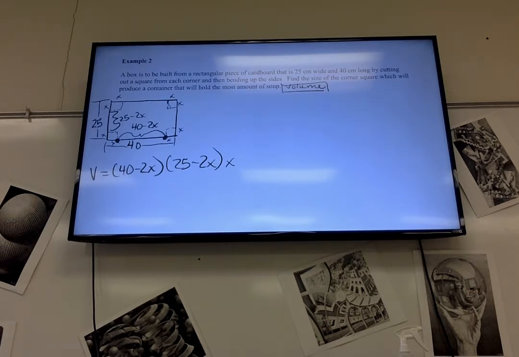Step 5, differentiate the primary equation to find the maximum or minimum. So we're going to need to multiply this out so we can take the derivative.